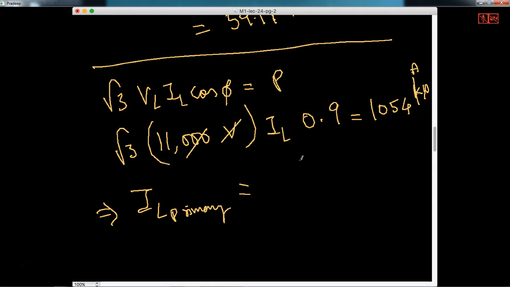So I'm getting 676.16 amperes. So hopefully, if everything is correct and there are no mistakes in this, we can actually move forward.